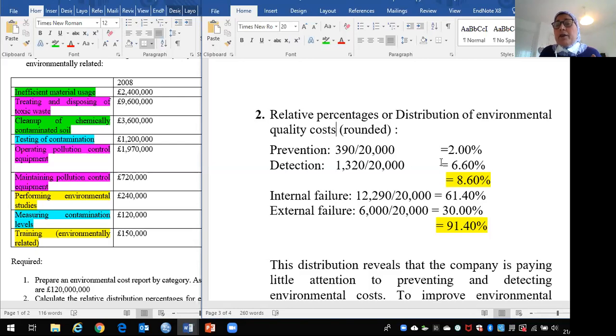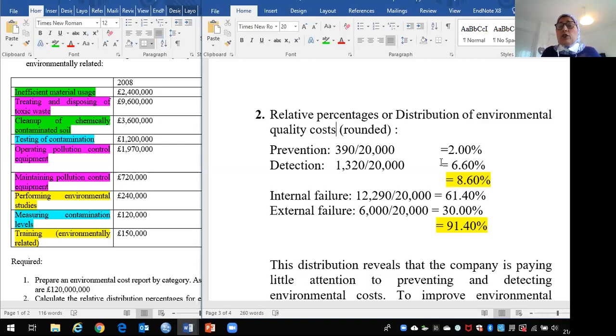They keep investing in training, engineering, something like performing environmental studies, or just testing. Spend some more money on testing the material, testing the pollution, measuring the contamination levels, etc. Just because at this stage they are still in the production process.